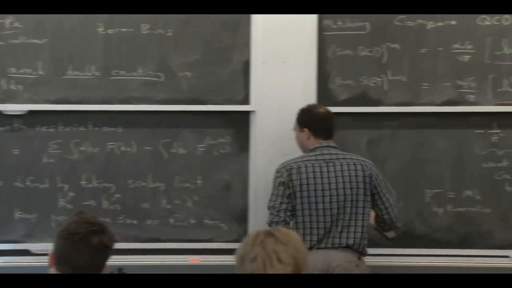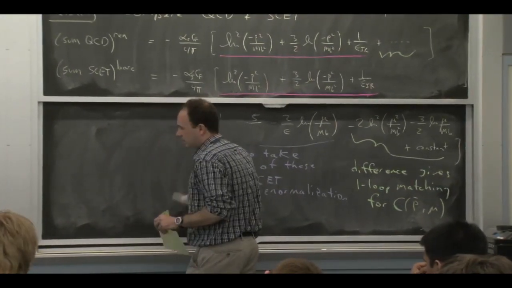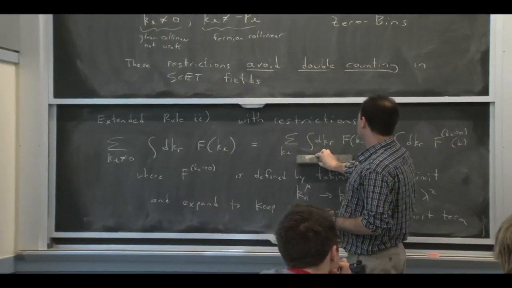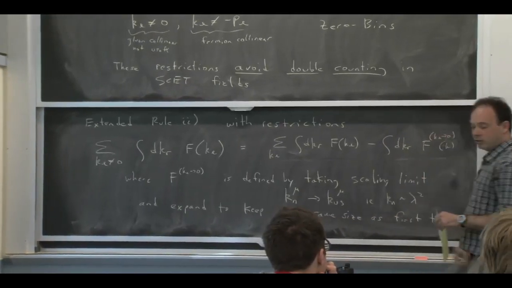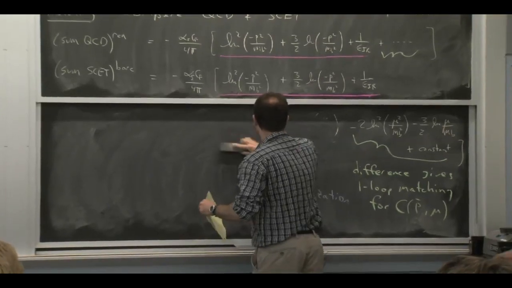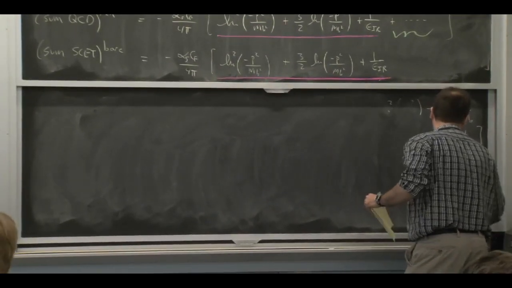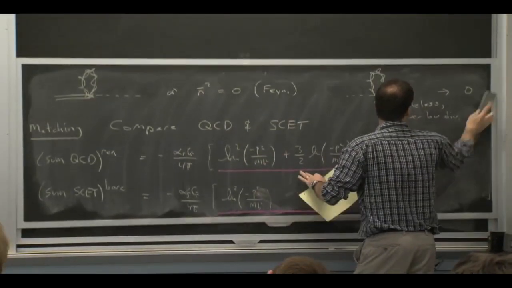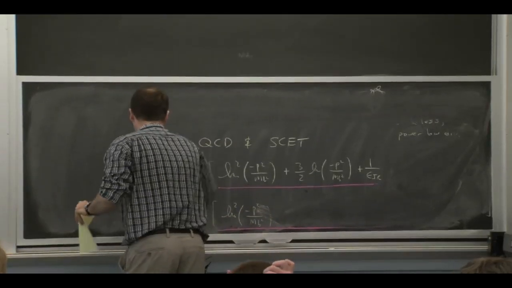So what you're doing here by doing this procedure is you're basically setting things up so that this guy is integrated over in a way that we can combine back into an integral, but then we have to subtract kind of an overlap of when that integral would go into the ultrasoft region. But the overlap we're subtracting is also an integral. So we have a difference of integrals.